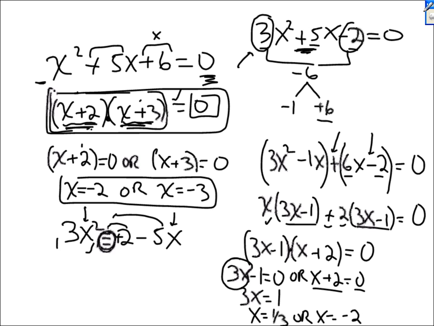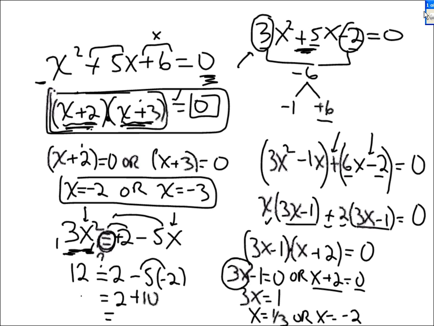So 3 times 4 is 12. Does that equal 2 minus 5 times negative 2? Well, negative 5 times negative 2 is positive 10, and yep, 2 plus 10 is 12.